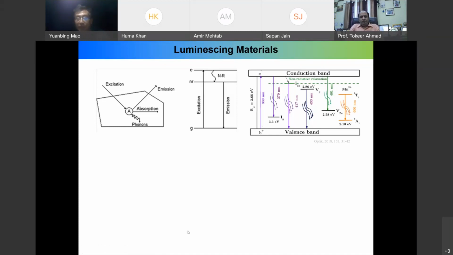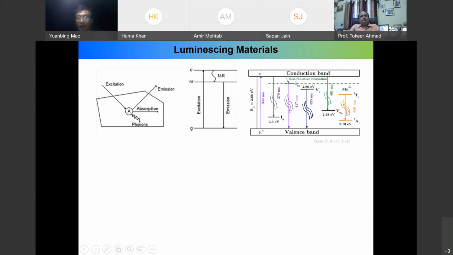Here I'm showing it schematically like this. This valence band and the conduction band come from the host materials. And then we will have some of these energy levels, for example, here I'm showing manganese 2+ as the example. So these are the energy levels of manganese 2+.